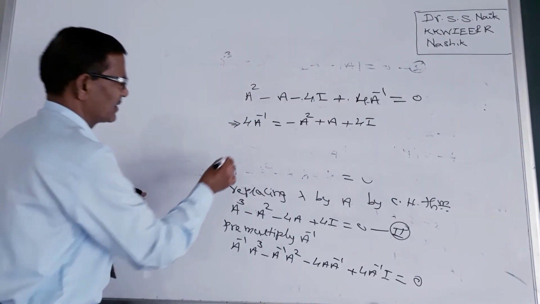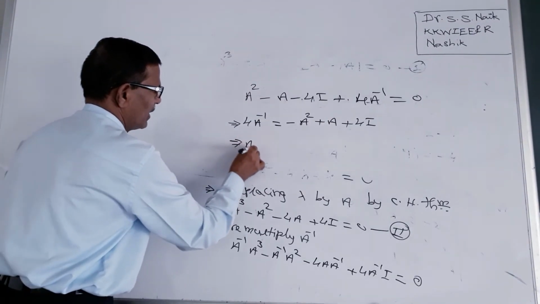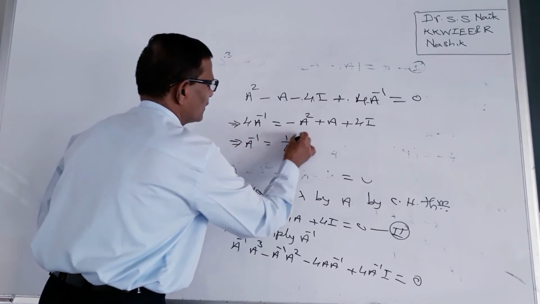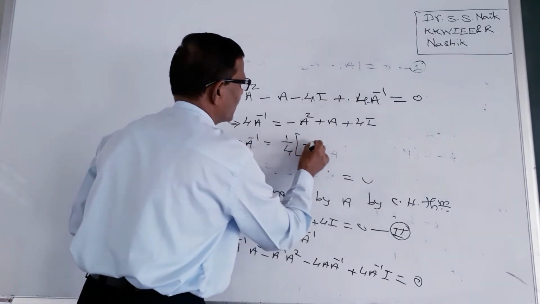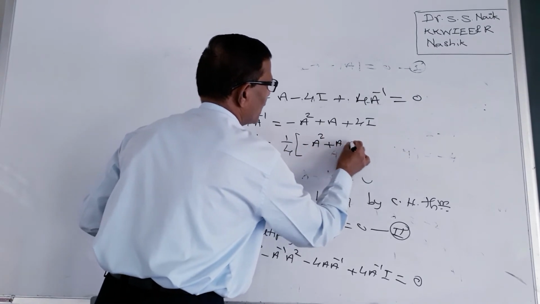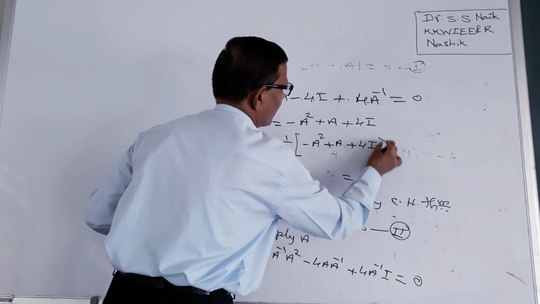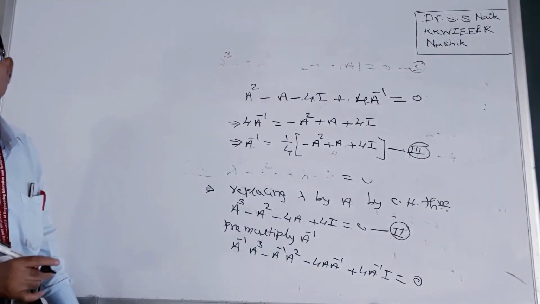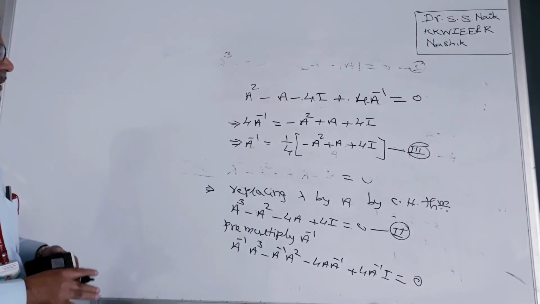So this implies A inverse is equal to 1/4 of minus A square plus A plus 4I. Now this is the formula to find A inverse of the given matrix by using the Cayley-Hamilton theorem.